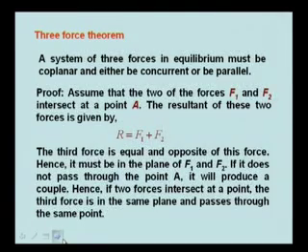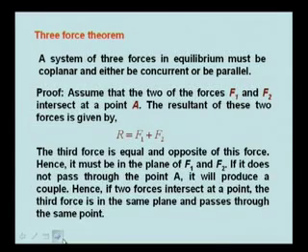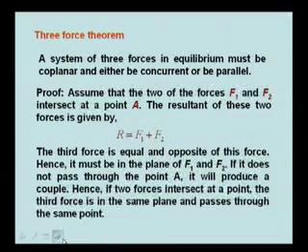If just one force is acting on a body, then the body cannot be kept in equilibrium, because the resultant cannot be 0. If two forces are acting on the body, they must be equal and opposite, and they also must be collinear. If they are not collinear, then they will produce moment. Therefore, the two force theorem is that if there are two forces acting on the body, they must be collinear.